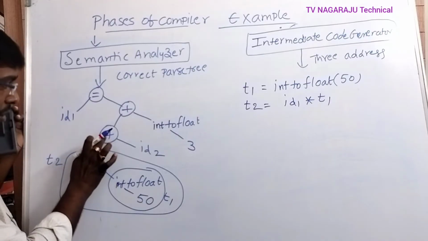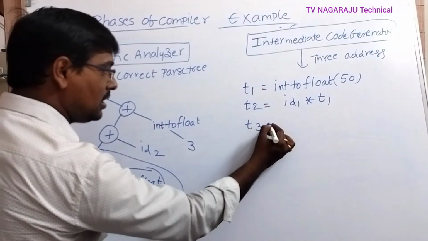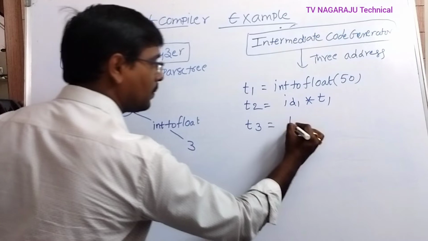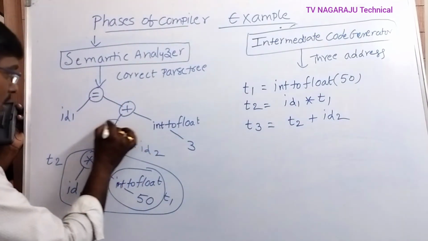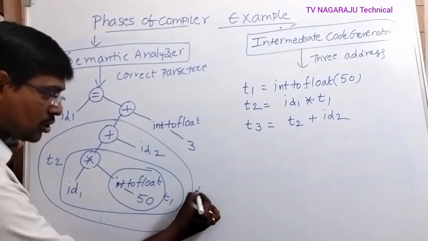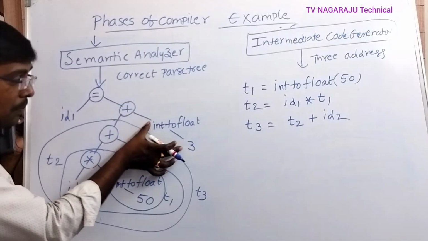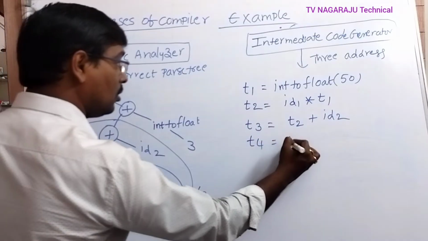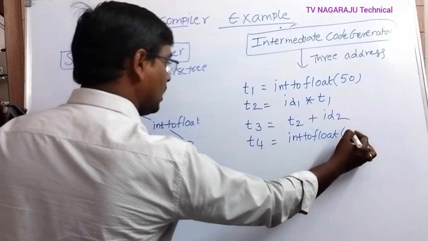Now, perform addition with id2. Suppose t3 is equal to t2 plus id2. So, this entire thing is completed, and the result is stored in t3. Now, before performing the addition, you have to perform this operation. So t4 is equal to inttofloat of 3.